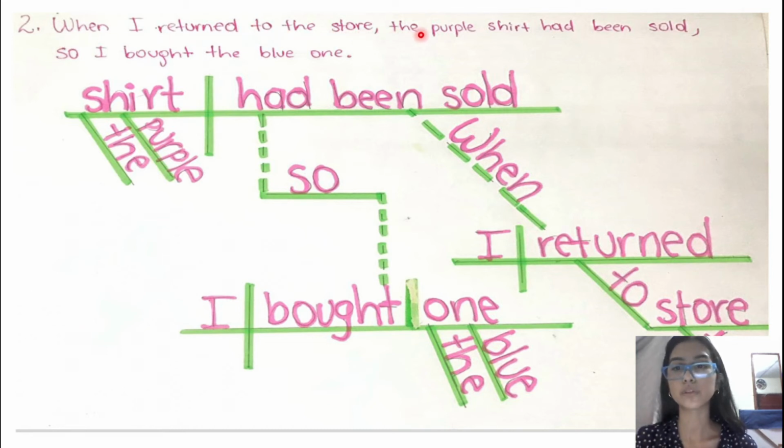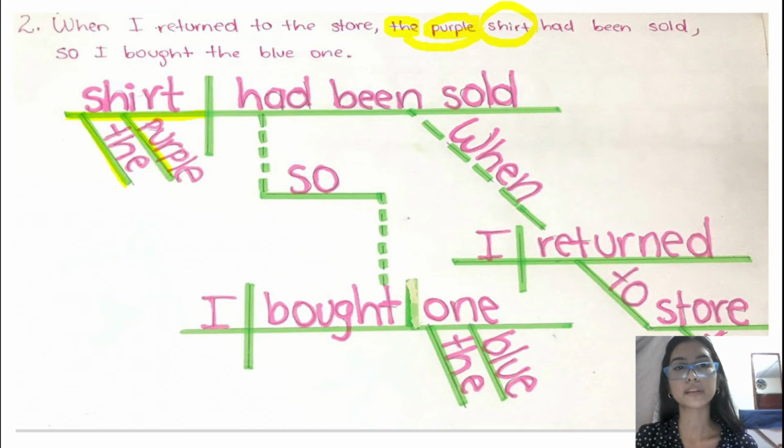First of all, we are going to analyze the first independent clause, this one. We need to look for the simple subject, and in this case it is skirt. So we are going to write it here at the beginning on a horizontal line. The article the and the adjective purple are modifying the simple subject. So they are going to be written below the simple subject on slanted lines.